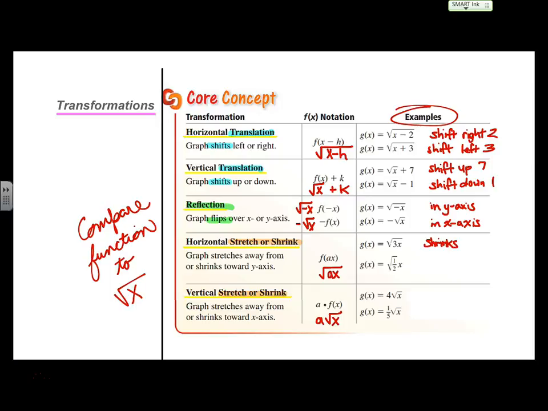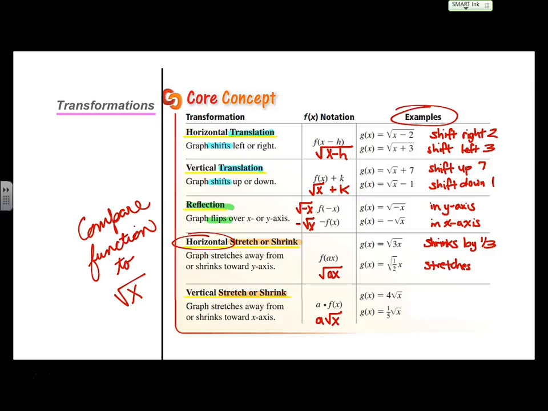You could say it shrinks horizontally by, it's actually going to be not 3, but 1 over 3. So the bigger the number underneath, it's going to be a shrink by 1 over that number. And then the smaller that number is, 1/2, it's still going to be 1 over that number.